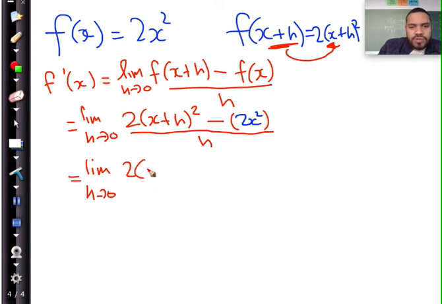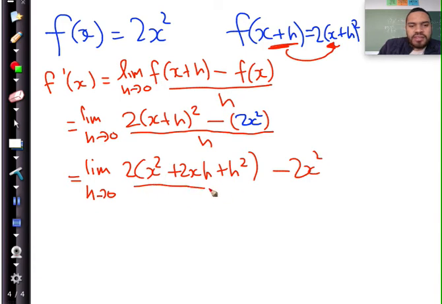That's going to be 2 into x squared plus 2xh plus h squared, minus 2x squared. Do you all see that? Divided by h. I just squared this thing. x squared, 2 times x times h is 2xh, and then h squared, right? And this minus 2x squared is multiplying that in over there.